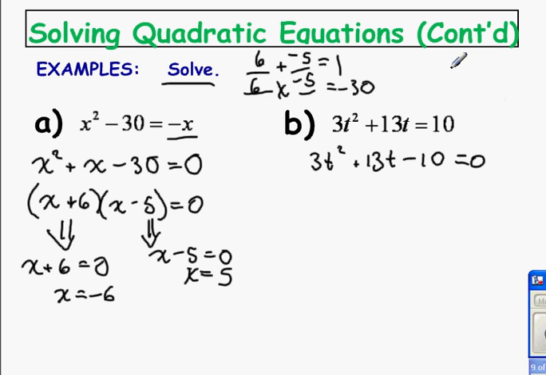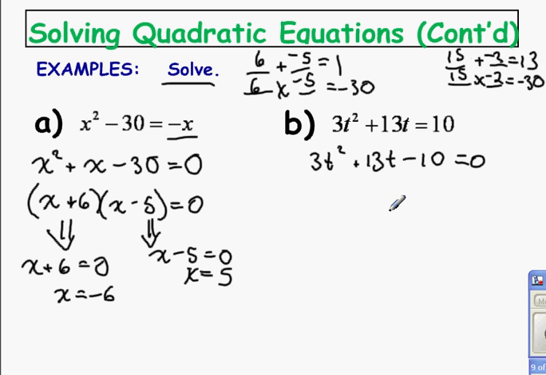If you want, write your chart again. Remember it's not negative 10, it's 3 times negative 10, so negative 30. So this is going to be 15 and negative 2.